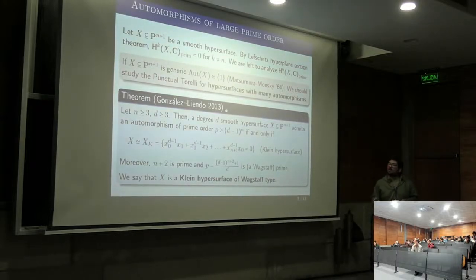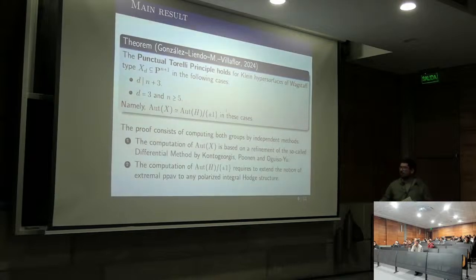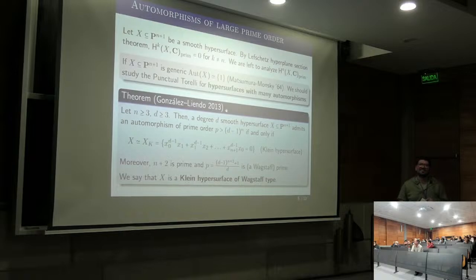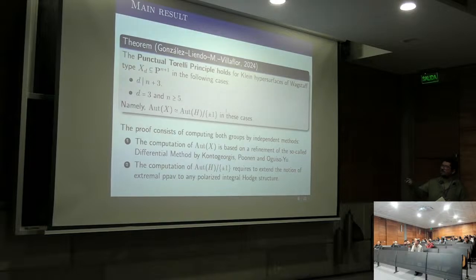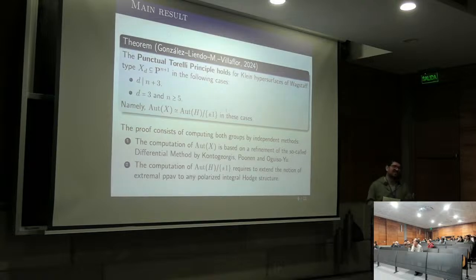And so we proved, using this differential method that I didn't explain, that these are essentially the only two, and they generate the full automorphism group. It's the semi-direct product of this automorphism of order the number of variables, and Z/p. Yeah, I should mention, we prove it for almost all cases, except for K3 surfaces.